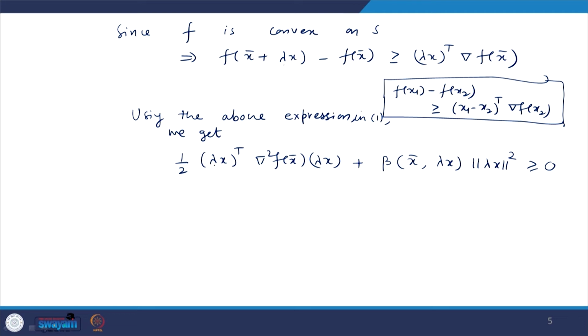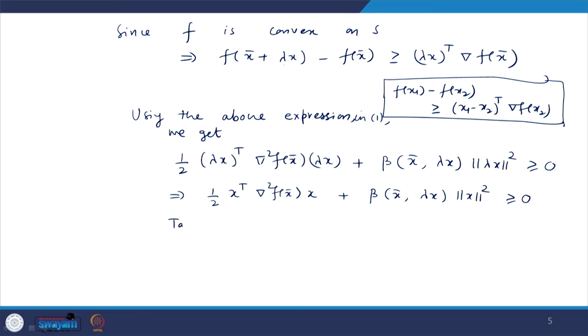Now, lambda is a scalar, so it can be taken out. So, lambda into lambda square, and lambda can also be taken out from the norm. So, lambda square can be removed. So, this implies 1 by 2 x transpose gradient square of f x bar x plus beta x bar lambda x norm of x square is greater than or equal to 0.